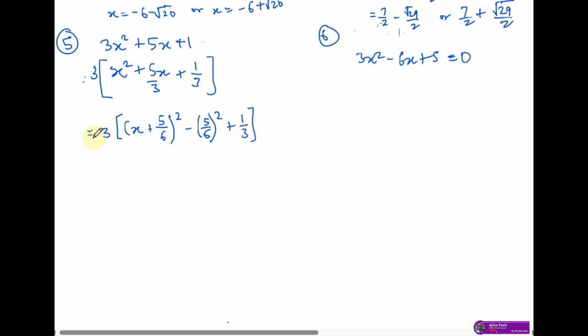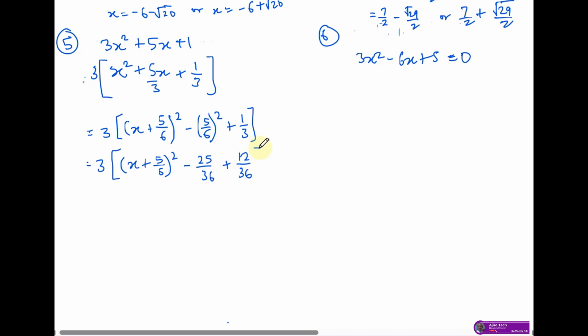There is 3 outside the bracket, 3 into, we have this x plus 5 over 6 squared. Everything here becomes negative. It becomes negative 25 over 36. So let me turn this one to have 36 under also. 36 divided by 3 is 12.